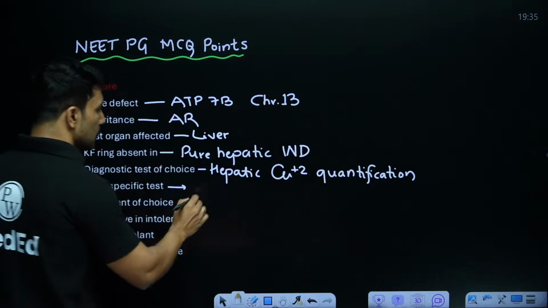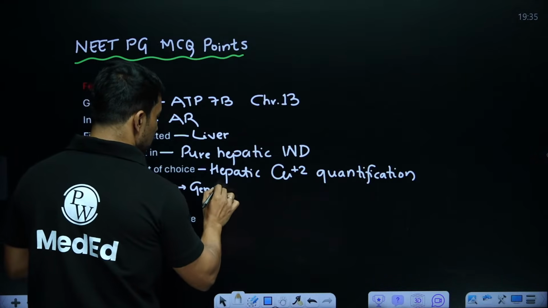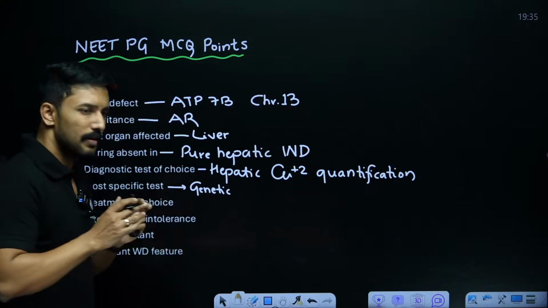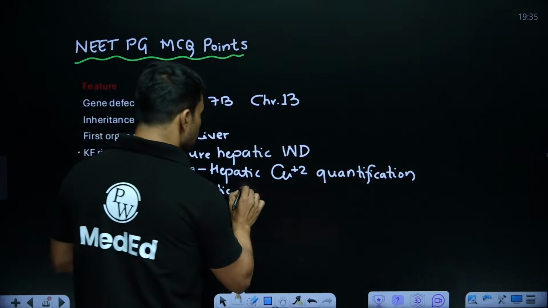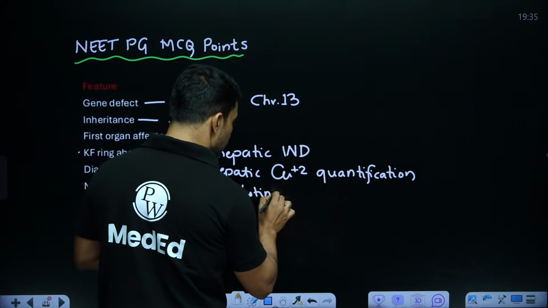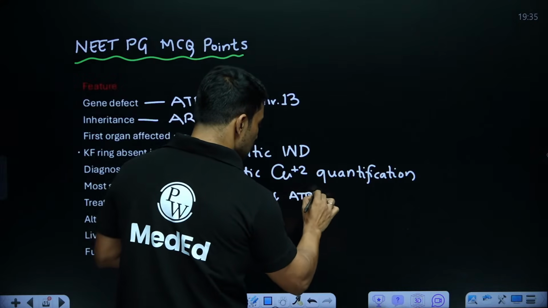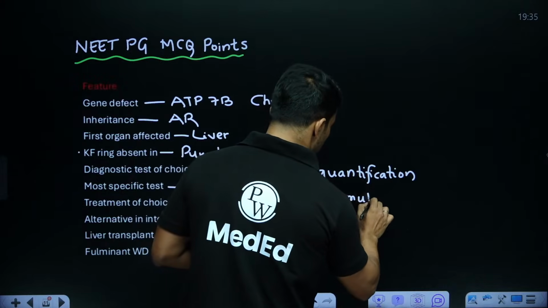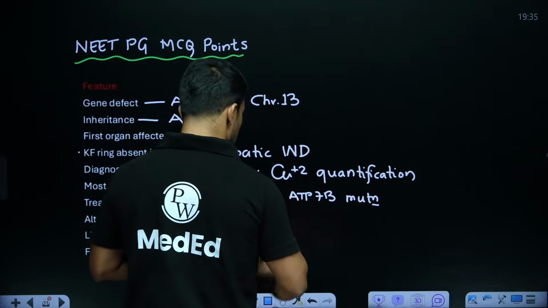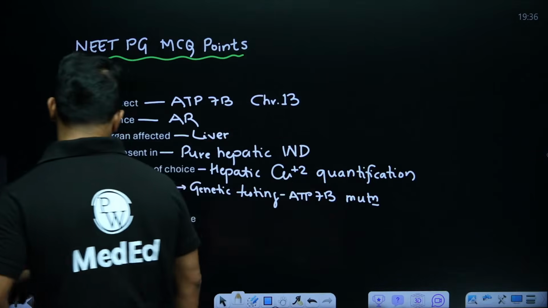Most specific is genetic studies. If there is ATP7B mutation in a symptomatic patient, it has to be Wilson's, right? So genetic testing for ATP7B mutation is the most specific investigation.